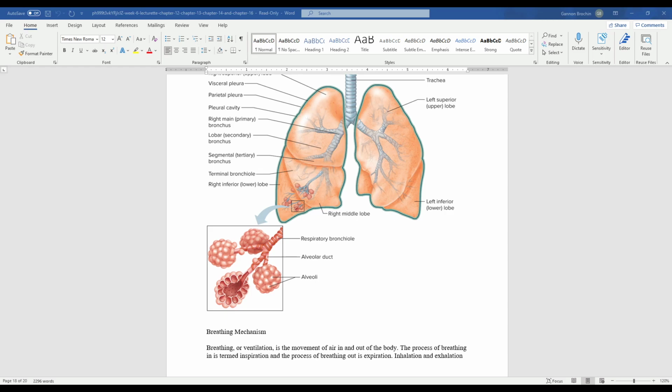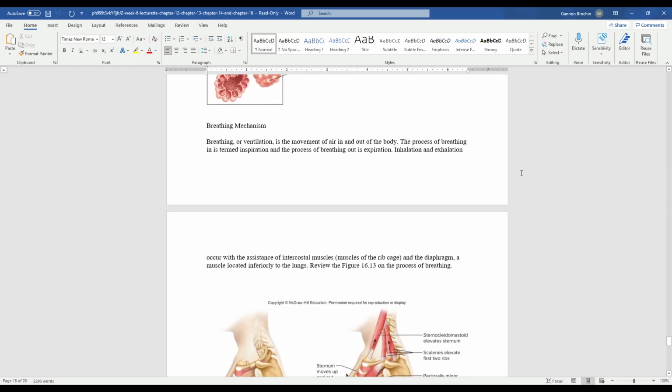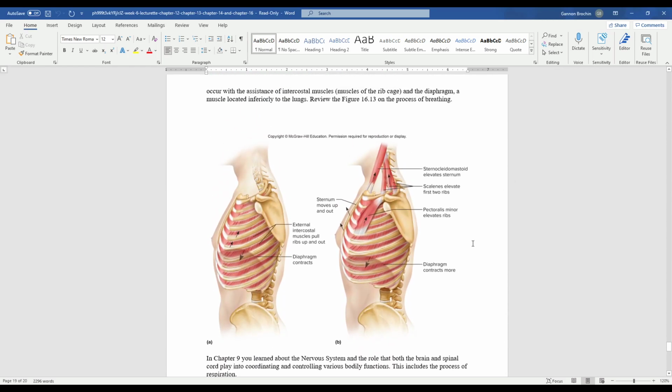So when we talk about the lungs, a big part of the respiratory system is actually getting air into the lungs. So we see a couple different aspects of this. Our diaphragm, which you can see here, is outlined as a shadow. When the diaphragm contracts, it actually pushes down into the abdomen.